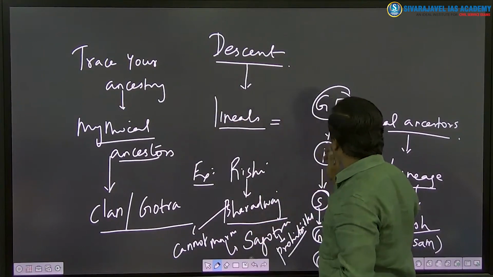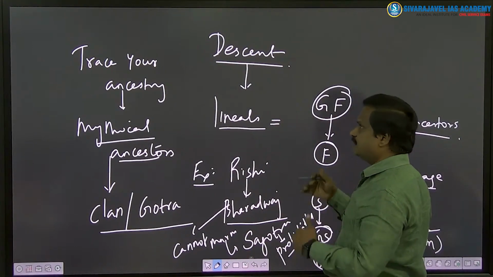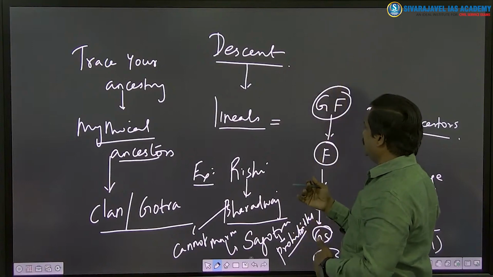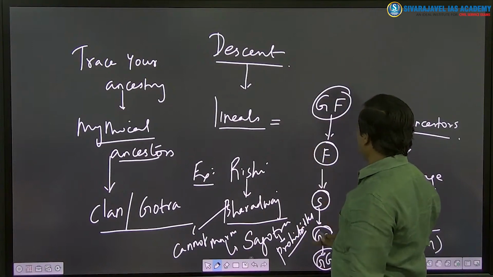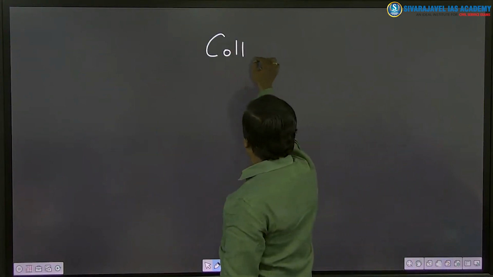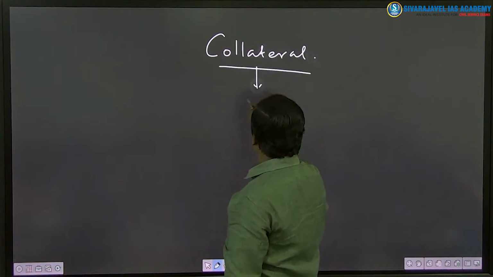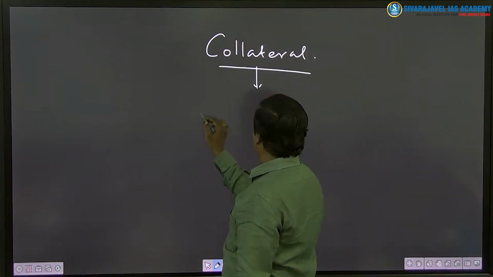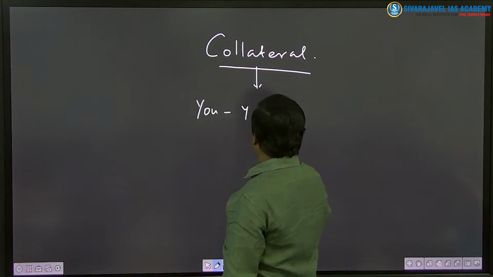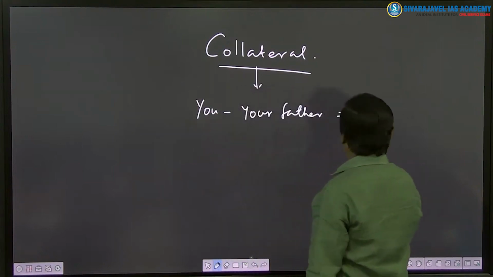Okay, so this is what is shared vertically, that somebody is above you, somebody is above you. So that is what is vertical. It is called lineals. I told you there is a word collateral. Collateral means, for example, you and your father are who?